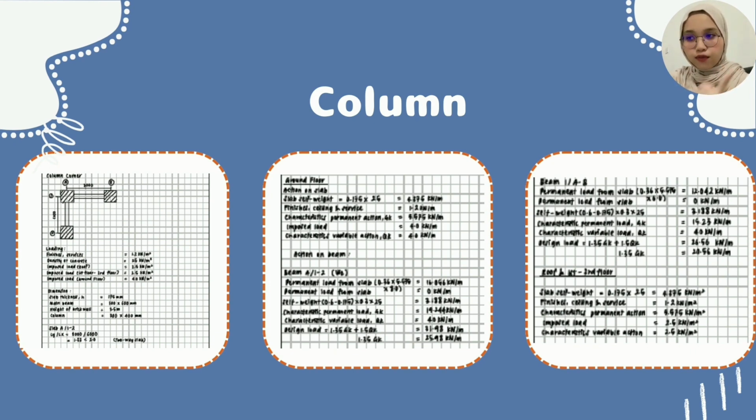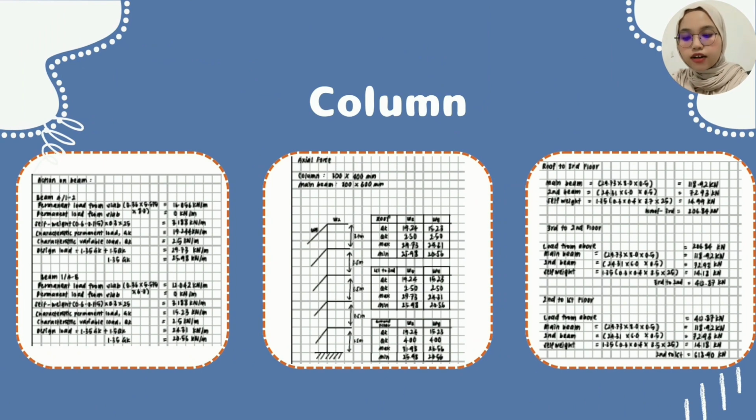For the first step, I need to identify which one is the corner column. After identifying and listing all the descriptions and important things, I will start to calculate the actions on the ground floor, first floor, second floor, third floor, and roof.